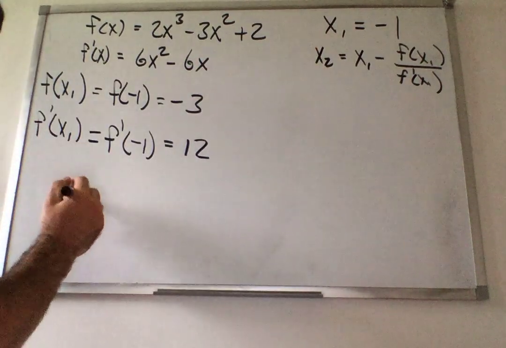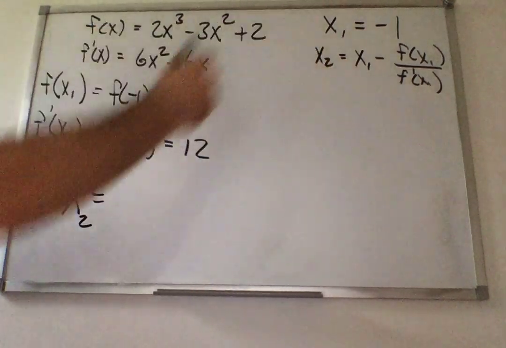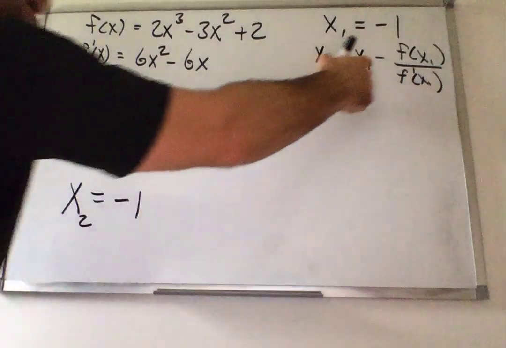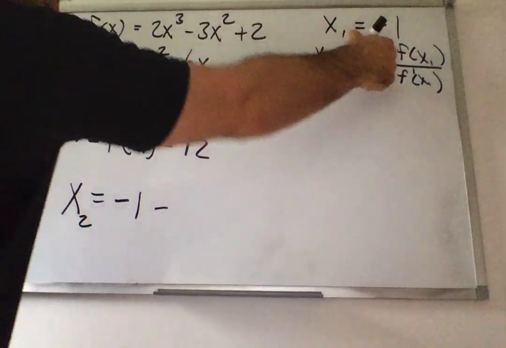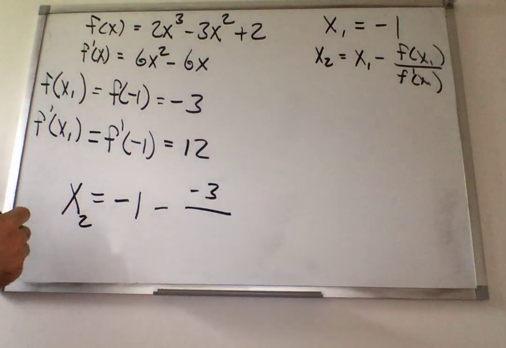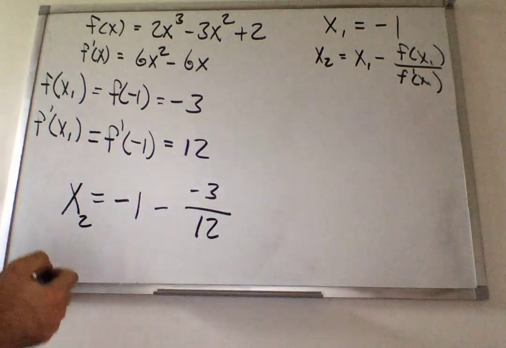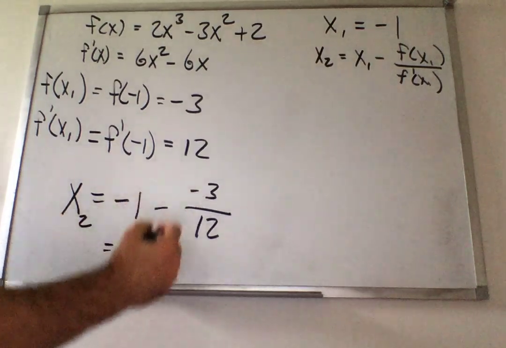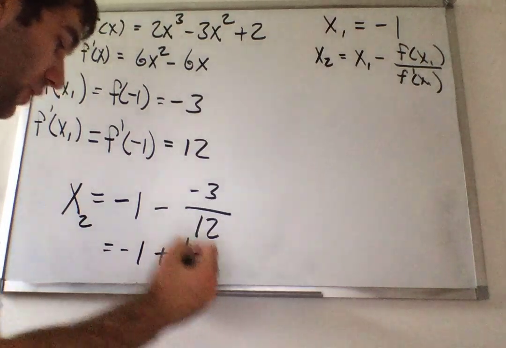So our second iteration, x2, says take our first iteration, x1, -1, minus f of x1, which is -3, divided by f prime of x1, which is 12. So this is negative 1. Negative and a negative turn into a plus. 3 over 12 simplifies to 1/4.